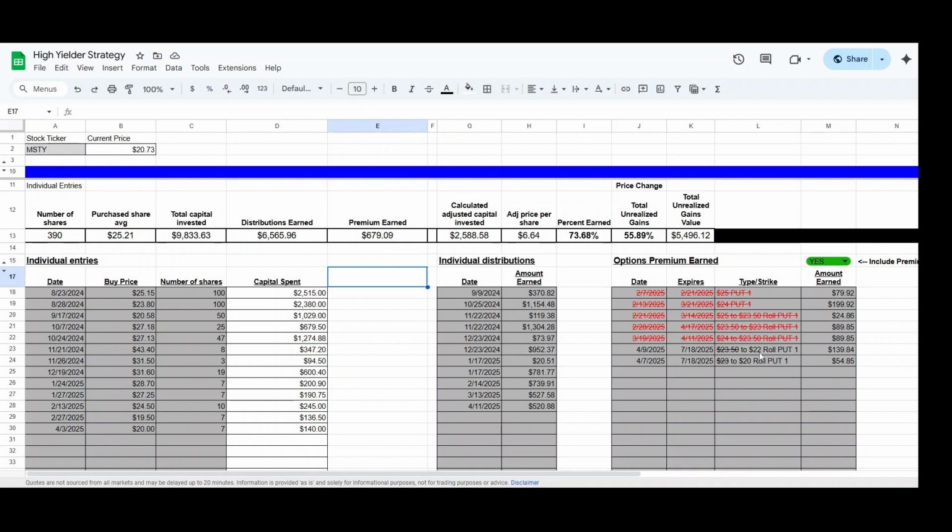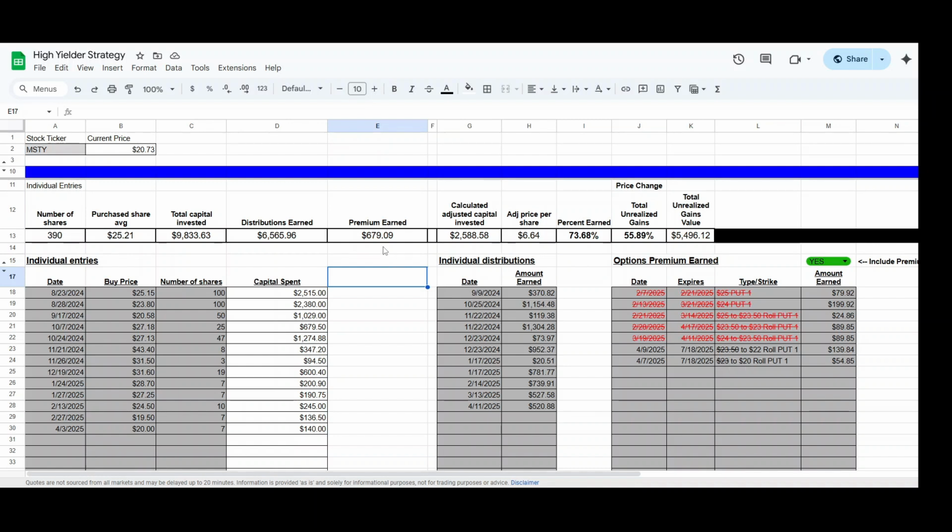But anytime I roll it down, then that difference is released into my account as well. So as you can see, I've got a $22 put and I've got a $20 put, and a current price of MSTY at $20.73. Now those puts are rolled out to July 18th. So I've got plenty of time on those, and we'll see if MSTY can get on up and above those. And if not, I'll roll them again.